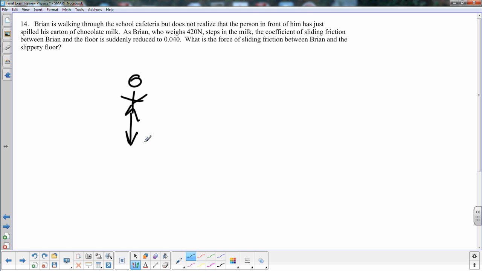The coefficient of sliding friction between him and the floor is 0.04. What's the sliding friction? So we're looking for FF, and we are dealing with mu times normal force. I give you a mu of 0.04.